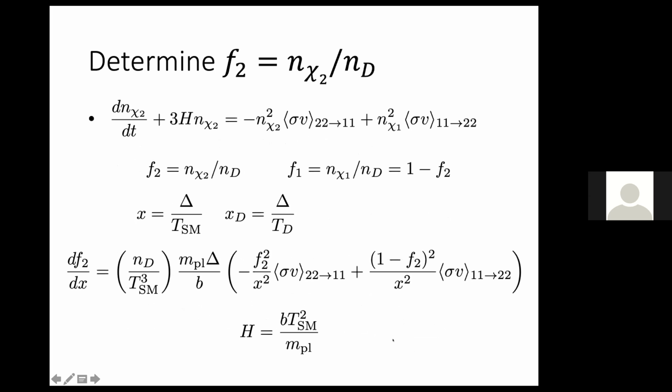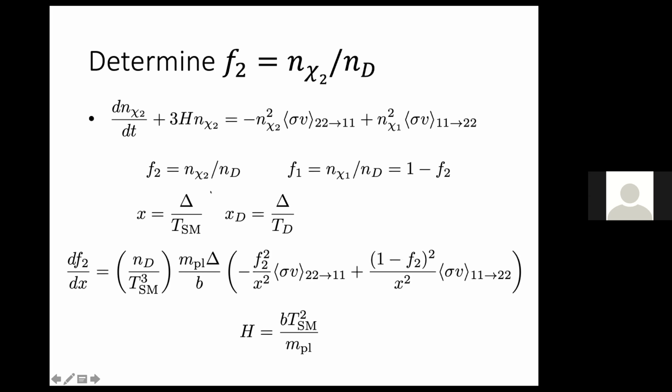Okay, so now let's try to solve the Boltzmann equation. This is a little bit different from the dark matter freeze out because it is a conversion between two non-relativistic particles. Okay, so this is the Boltzmann equation, and we define this fraction F2 as this. F1 is automatically 1 minus F2.